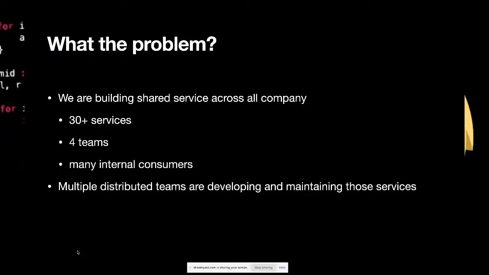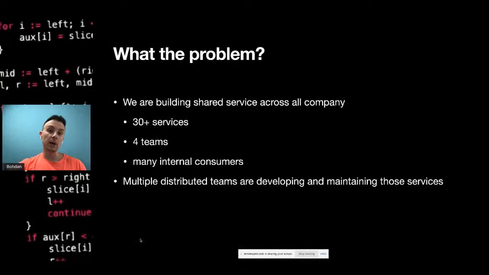Different teams have ownership of different services, and some of these services integrate with each other. Internally we also have a lot of consumers. People tend to build their RESTful APIs differently, which is fine, right? You can have a variety of services.